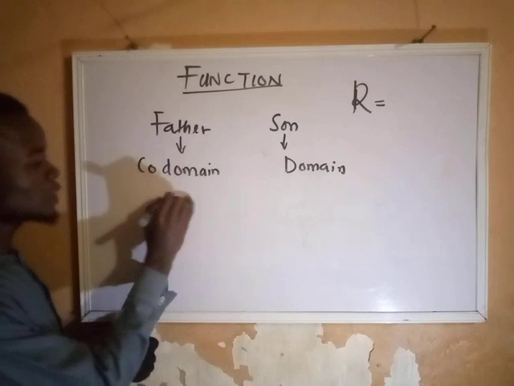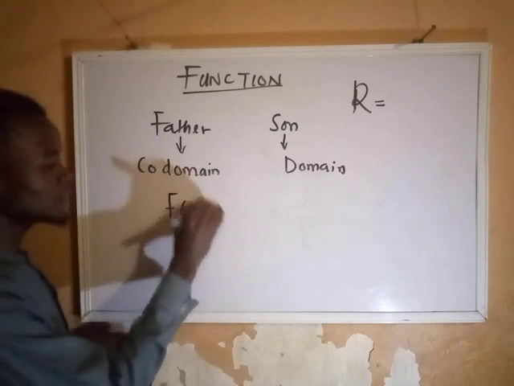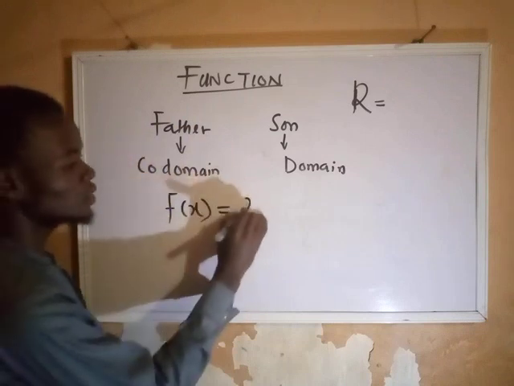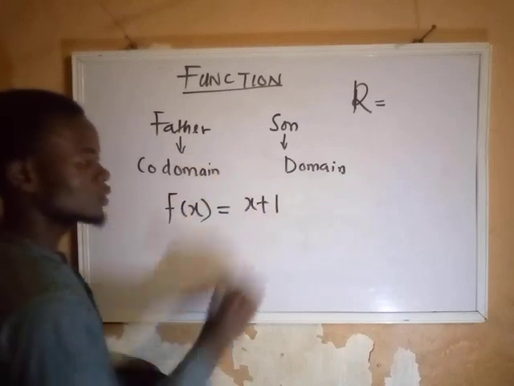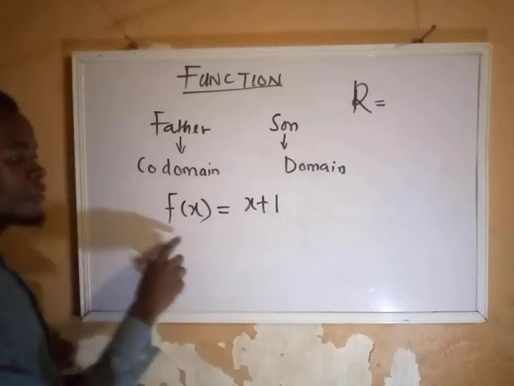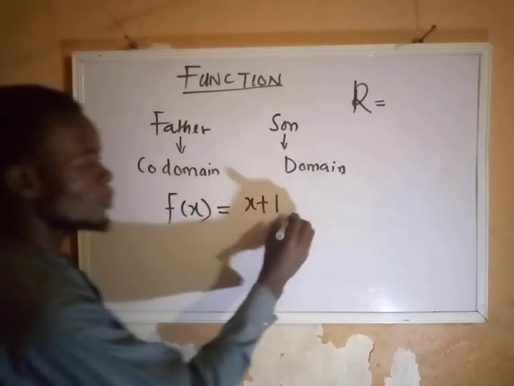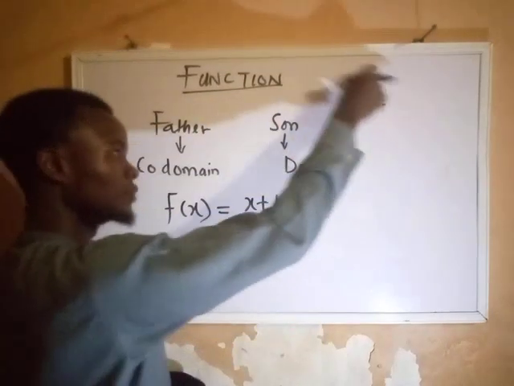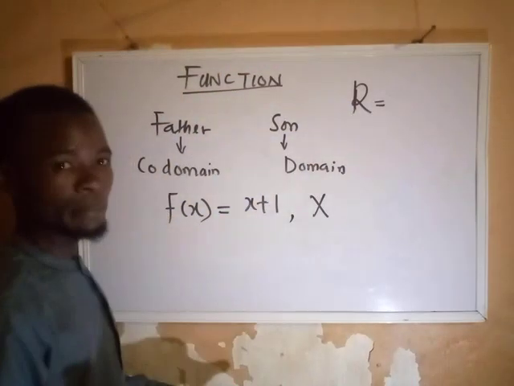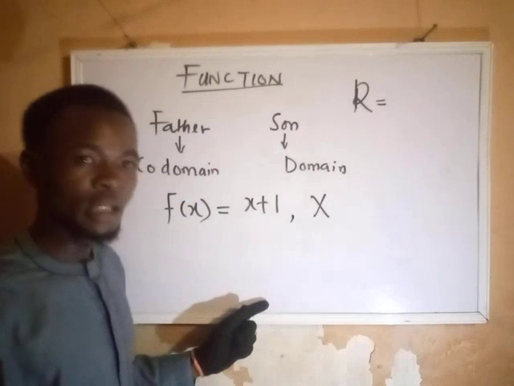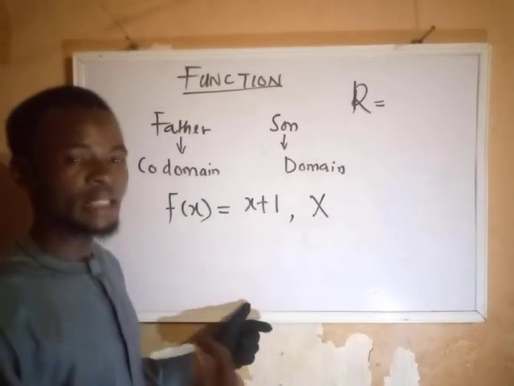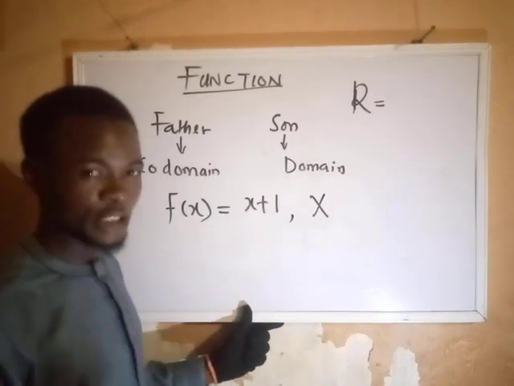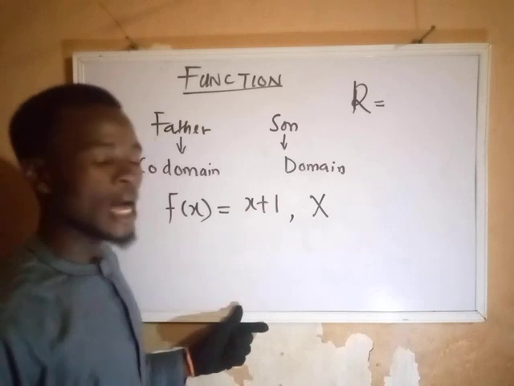Suppose we are given a particular function. Let's say the function is f of x defined as x plus 1. So given f of x equals x plus 1, and since we said the members must be a set of real numbers, x can be positive, negative, a fraction, rational, irrational, and others like that.